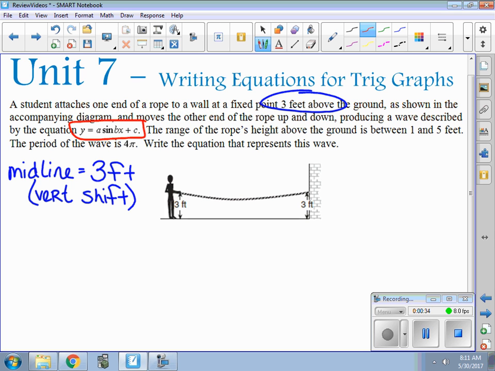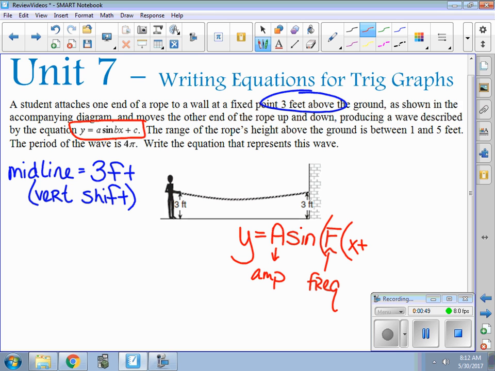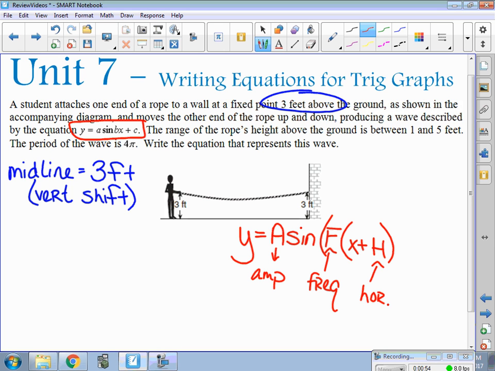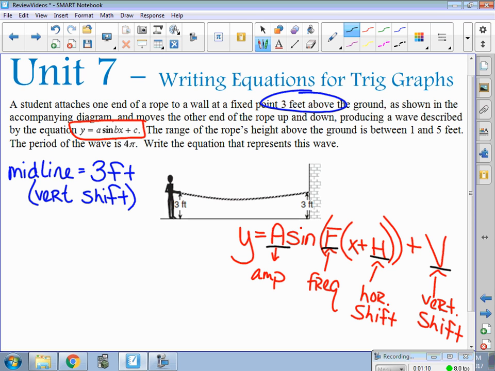So if you remember back, we've got y equals a for amplitude, sine or cosine, f for frequency, x plus h for a horizontal shift, close the parentheses, and then plus v for a vertical shift, which remember we said is our midline. And if you remember Mr. Ferguson's clever way of remembering this, we've got America's Funniest Home Videos.